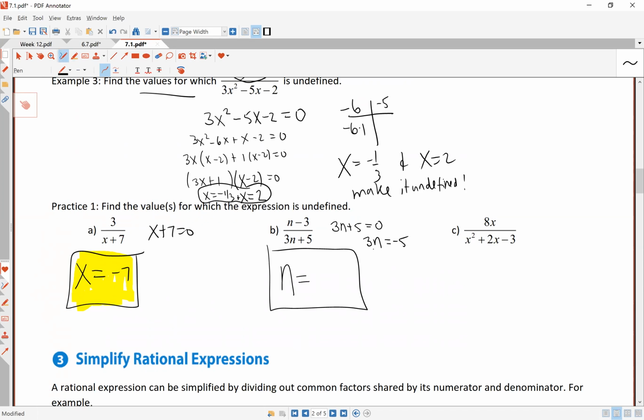And then you divide by 3, and that says negative 5/3.